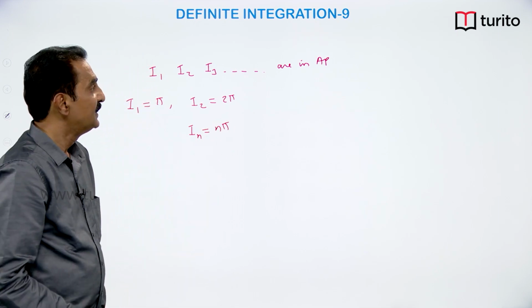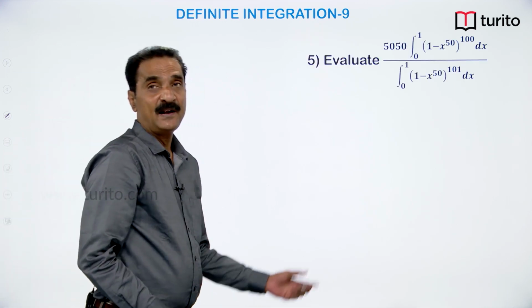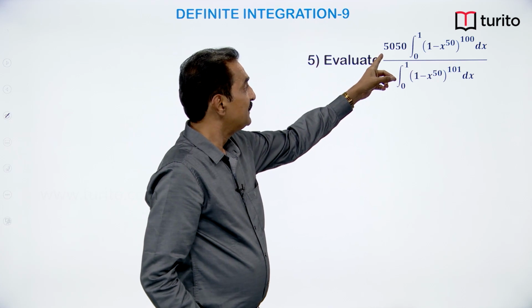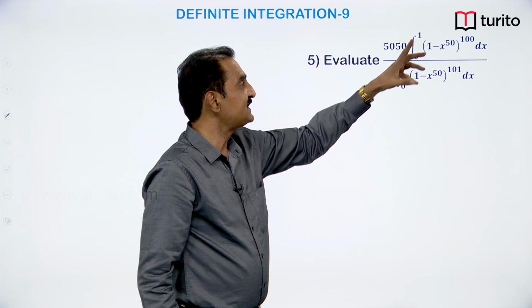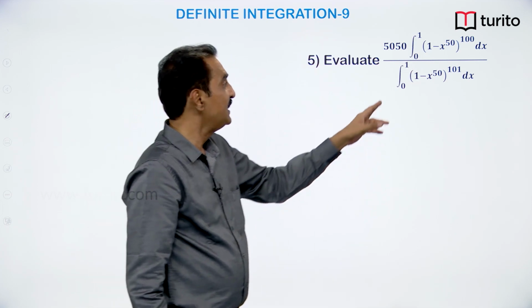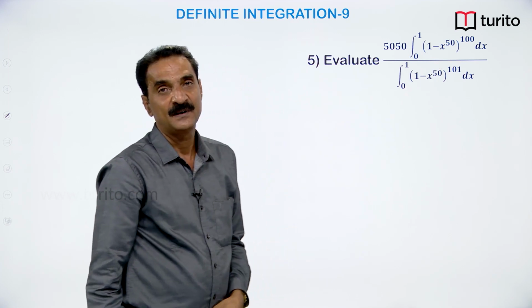Okay. Next question, evaluate 5050 integral 0 to 1 (1 minus x power 50) whole power 100 by integral 0 to 1 (1 minus x power 50) whole power 101 dx.